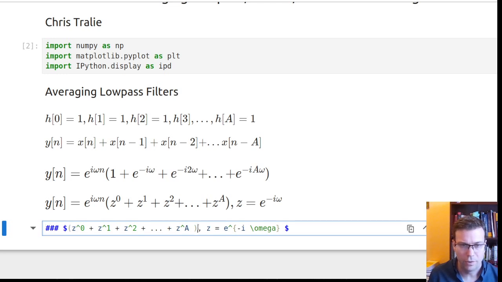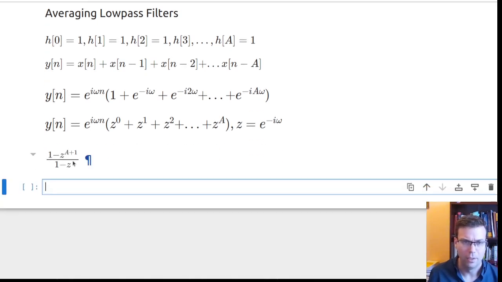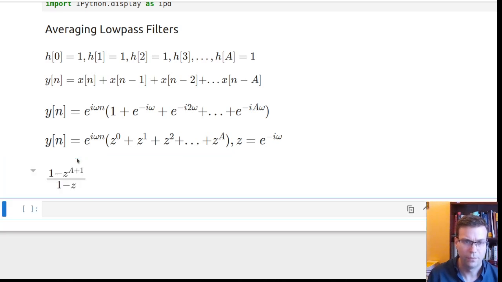If you go back and derive the formula for geometric series, what you'll see is you'll have a fraction where in the numerator it's 1 minus z to the a plus 1, and in the denominator it's 1 minus z. Okay, so that's what I get in general.